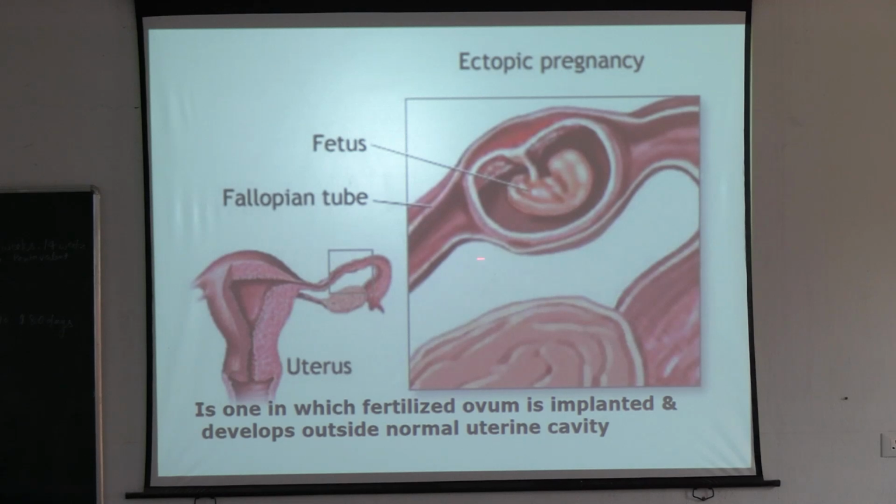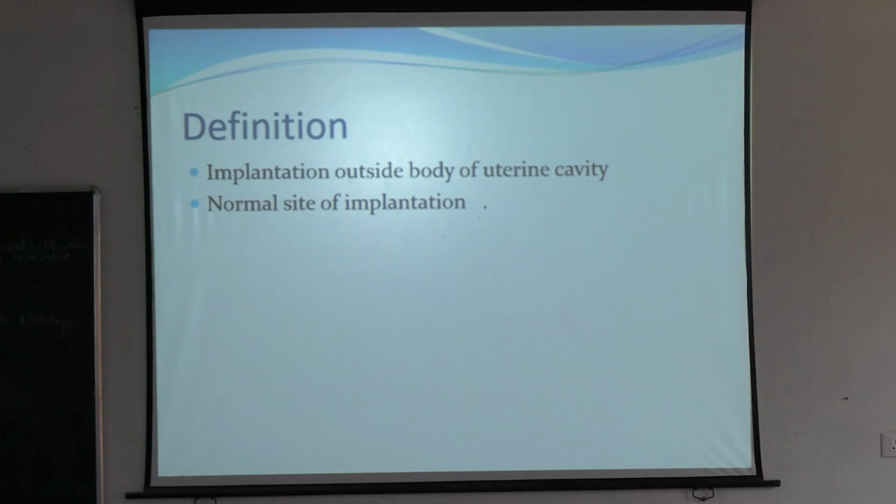So, this is a picture of a fertilized ovum that is implanted and develops outside the normal uterine cavity. That, by definition, is ectopic pregnancy. So, implantation outside the body of the uterine cavity, even if it is at the cornu, will be ectopic pregnancy. The normal site of implantation is the uterine cavity.